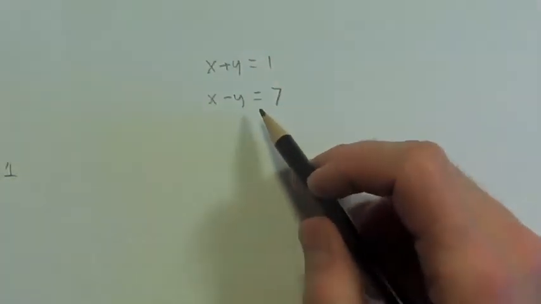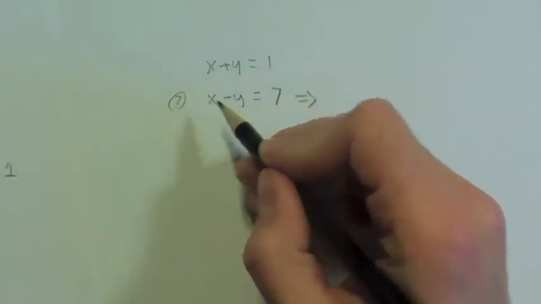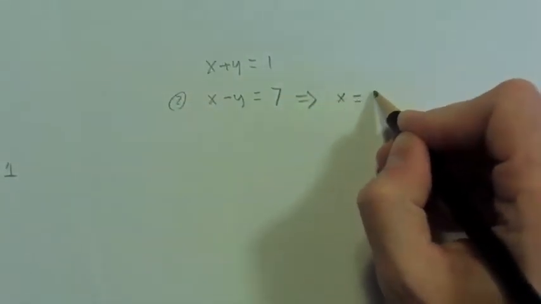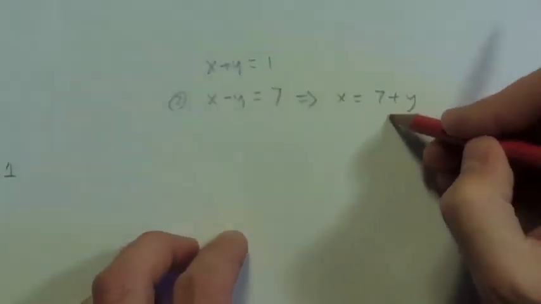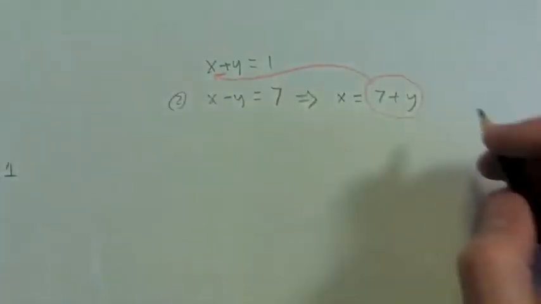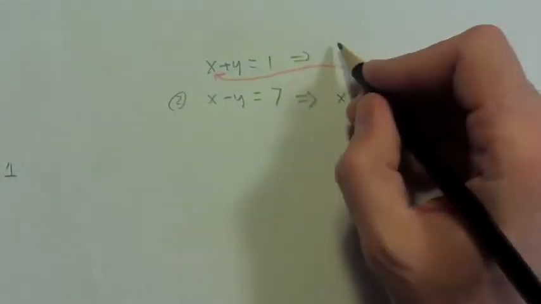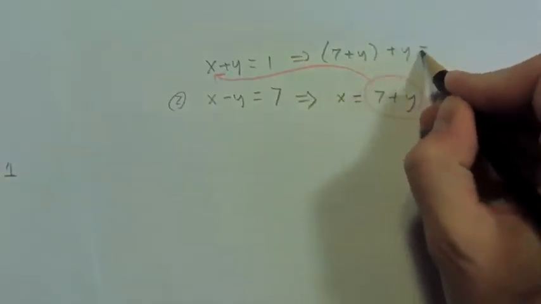If I solve equation 2 for x, I get x is equal to 7 plus y. And I could plug that back into equation 1 for my x and get that 7 plus y is equal to 1.